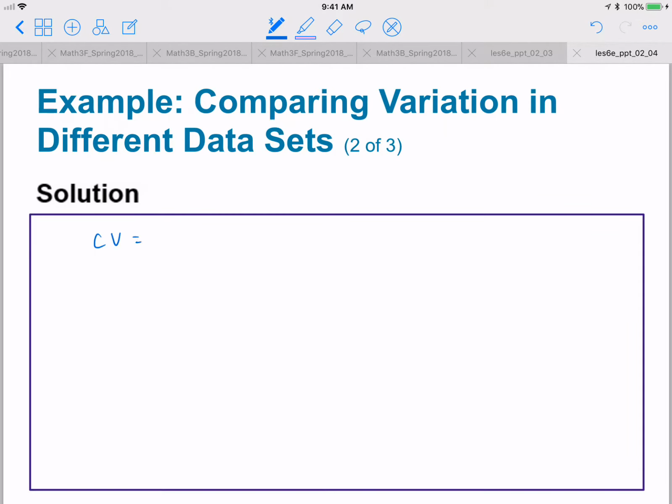This should be really straightforward, because in your calculator, in L1, you enter these numbers here.